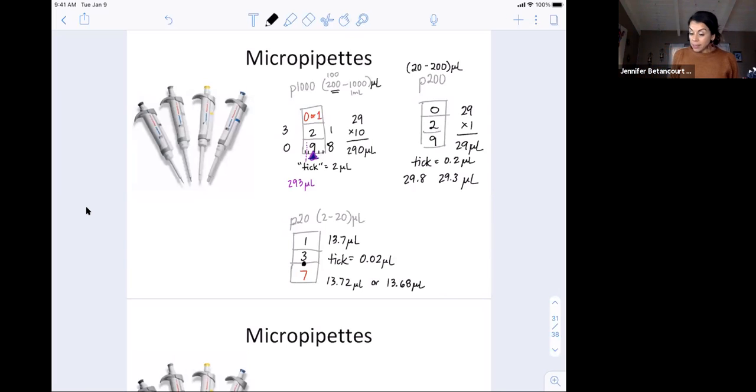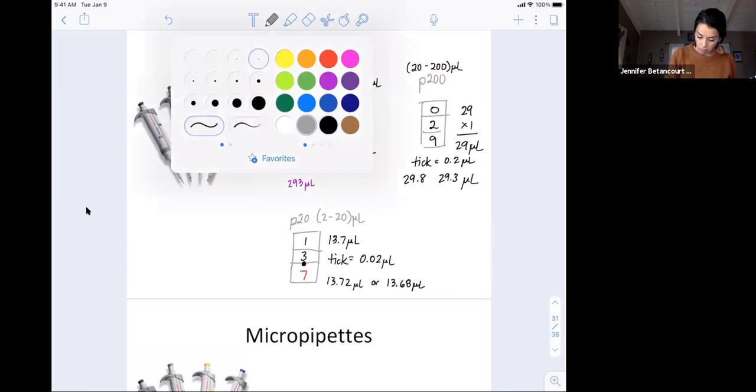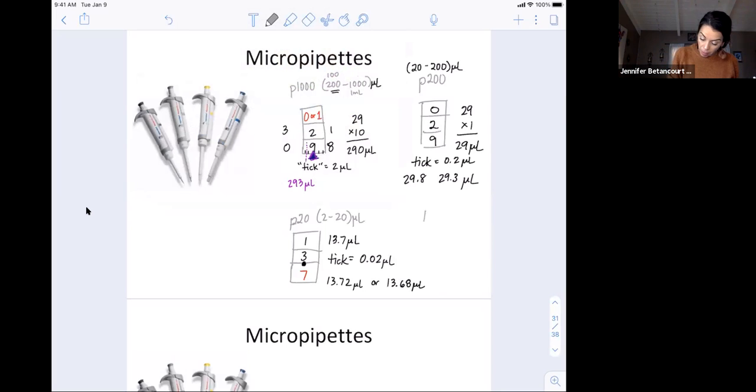Last but not least, typically a lab will use a P2 or a P10. They are kind of similar to one another. A P2, which is not what I have here, measures from 0.2 microliters.